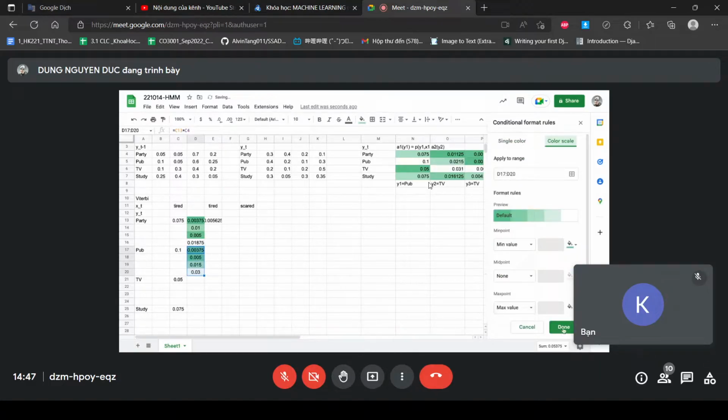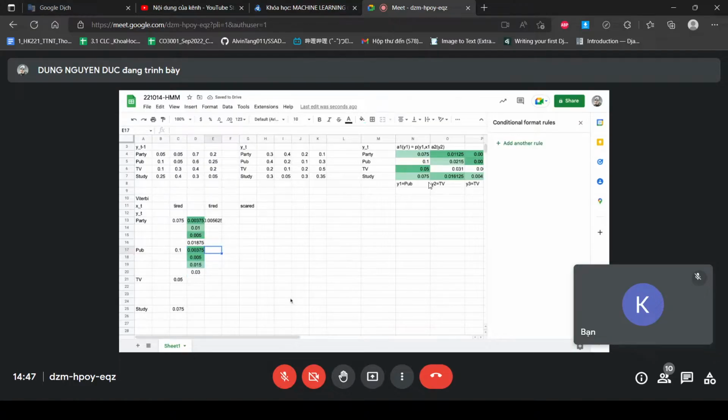This one. And so you have the probability of observing tired given you're in pop, which is H5, multiplied with the max over those four, and you know what it is, right?